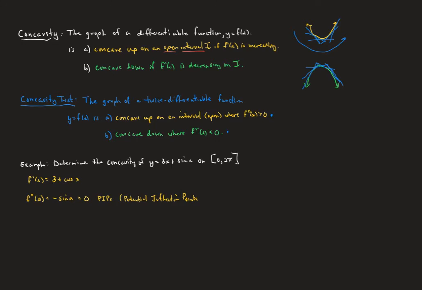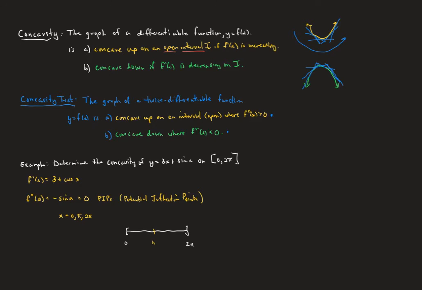And so doing the same kind of thing we do with the first derivative, only with the second derivative, sine is equal to 0 at multiples of pi. So that's going to be at 0, pi, and 2 pi. We'll do our number line sign analysis, and we're just looking at this interval from 0 to 2 pi.